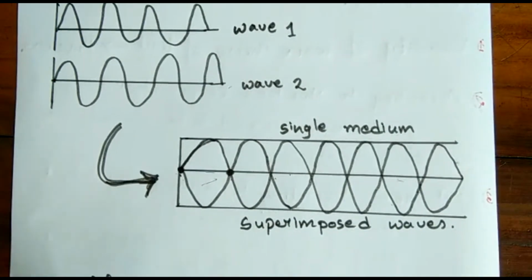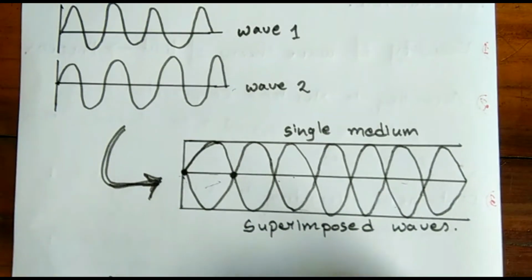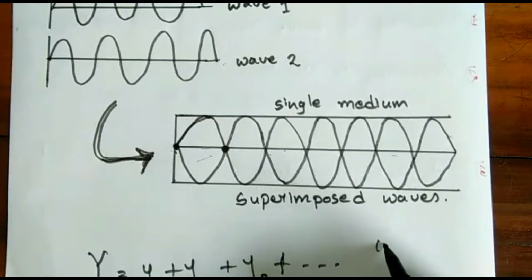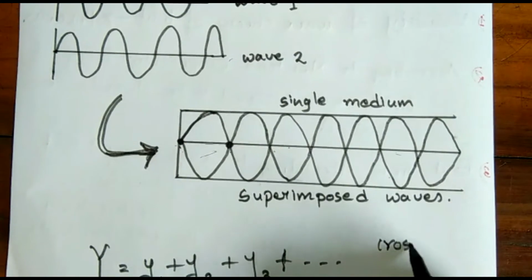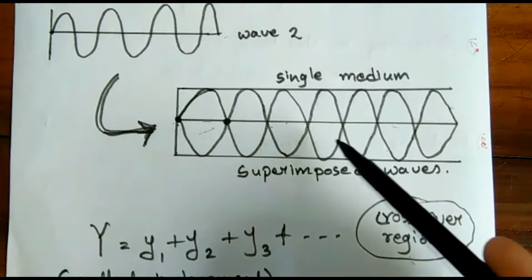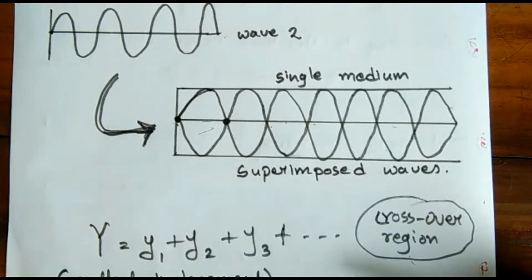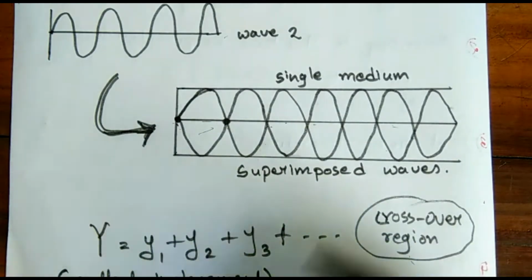So now you know how interference is connected to superposition principle, and we call this superimposed region as crossover region. Because these waves are crossing each other at these points, so these are also called crossover region. So these are the basic conditions of interference.